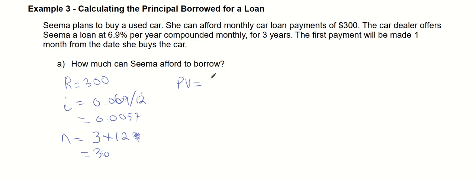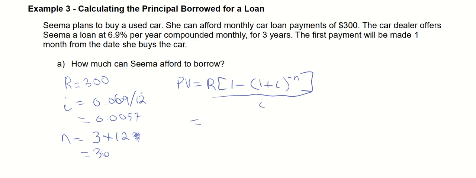PV equals 300. Actually, I should write the formula. It's good practice, at least in the beginning, to write down the formula. So we have brackets 1 minus (1 plus the interest) to the power of minus n, over i.